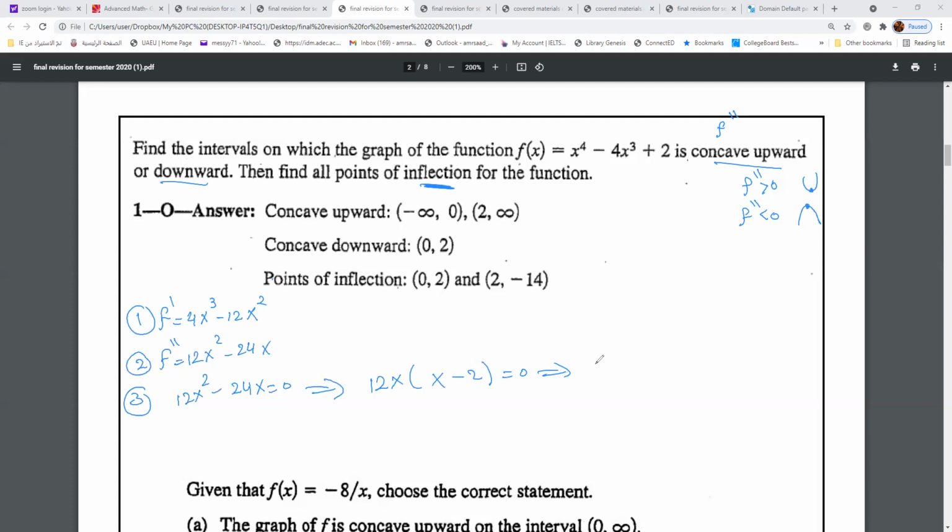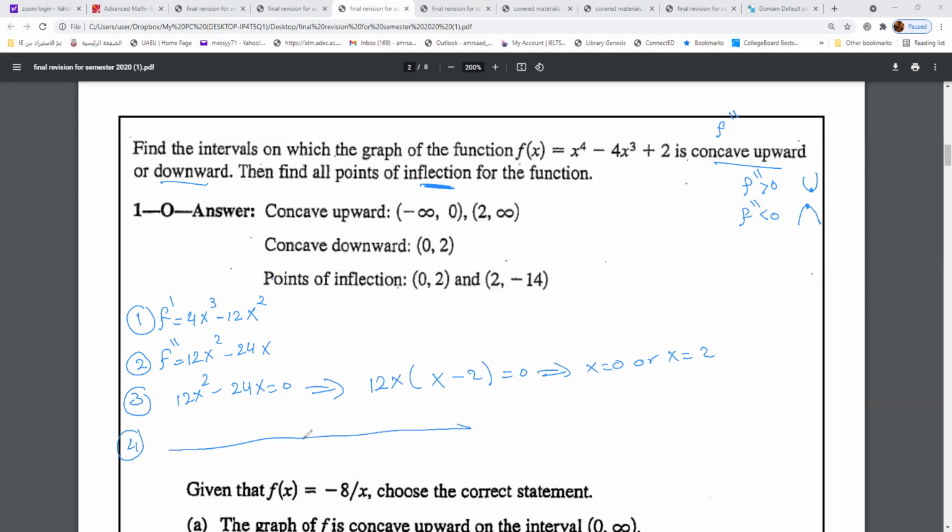It will be x equals 0 from the first factor, or x equals what? 2. Maybe at x equals 0 and x equals 2, we have an inflection point. But at any one of them, or both, we have an inflection point if the function changes its concavity.